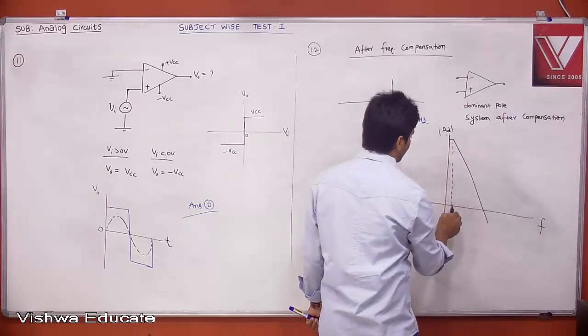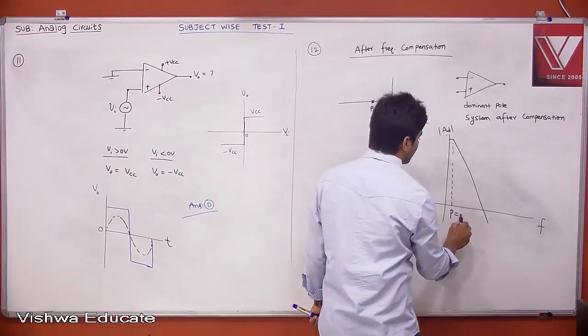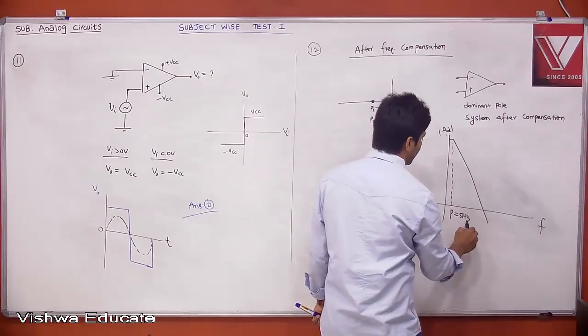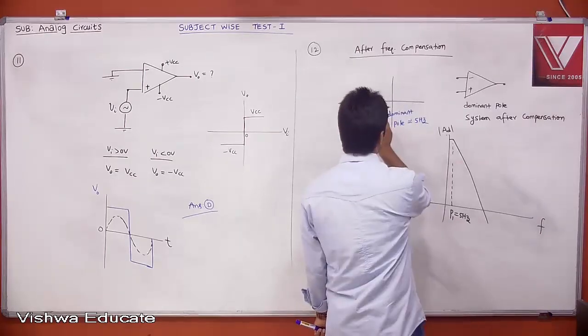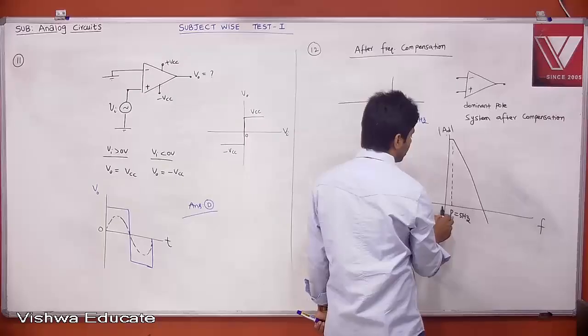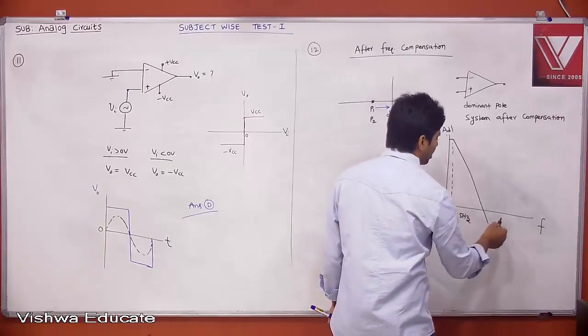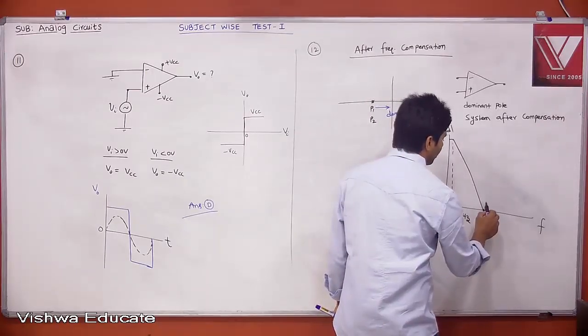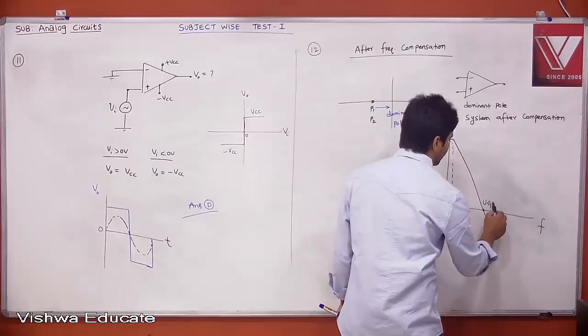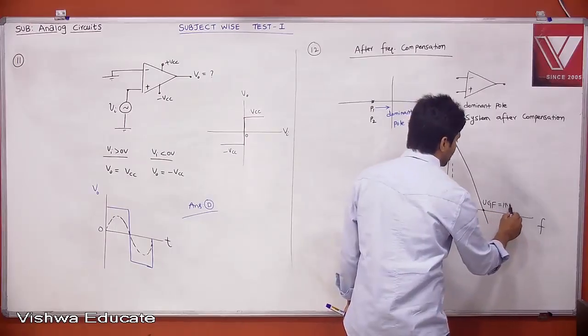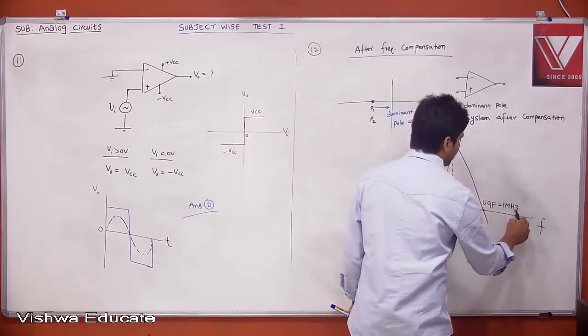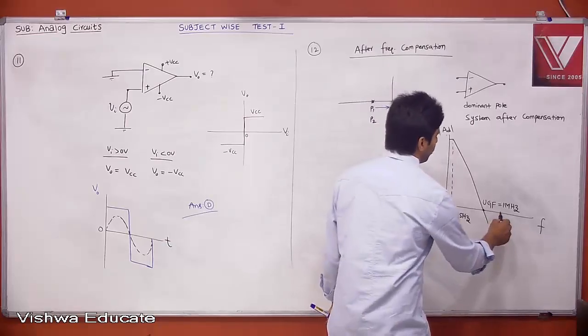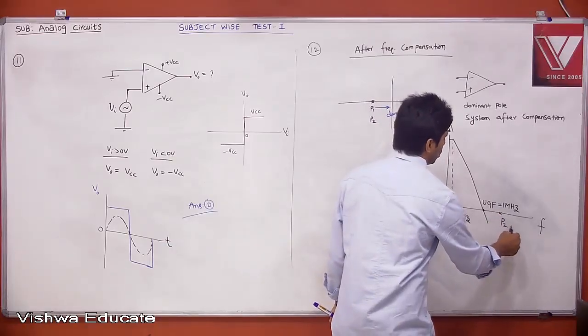This is your first pole, which is 5 Hz. This is your first pole, P1. P1 is moving towards the origin, right? This is your frequency. And then the second pole will be, and this is your unity gain frequency. This will be in the order of 1 MHz if you take the IC741 op-amp. Your P2 will be somewhere here, which is non-dominant.